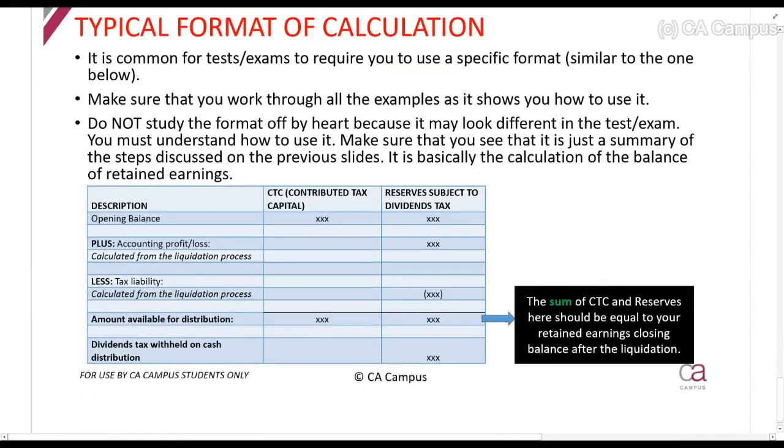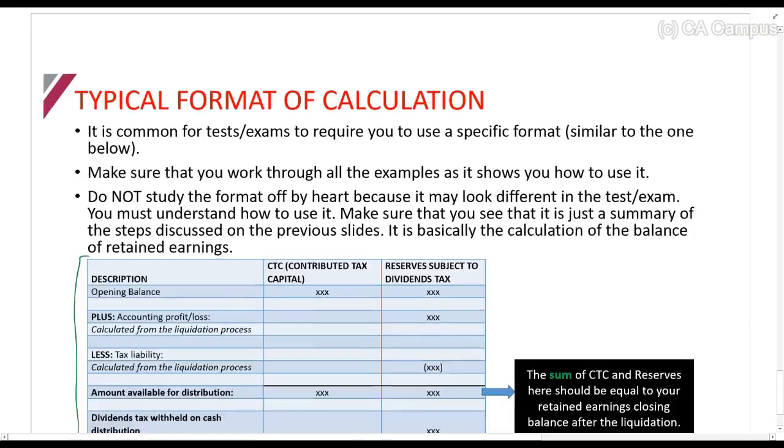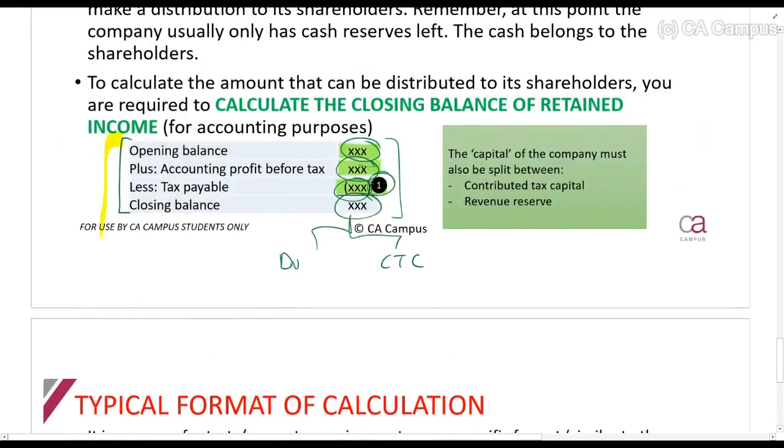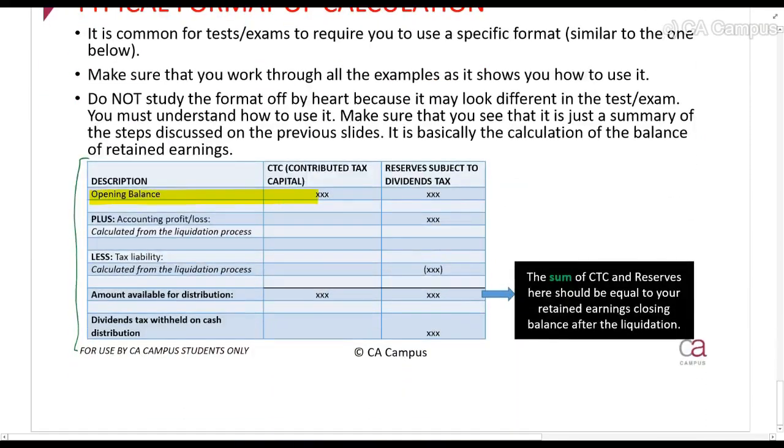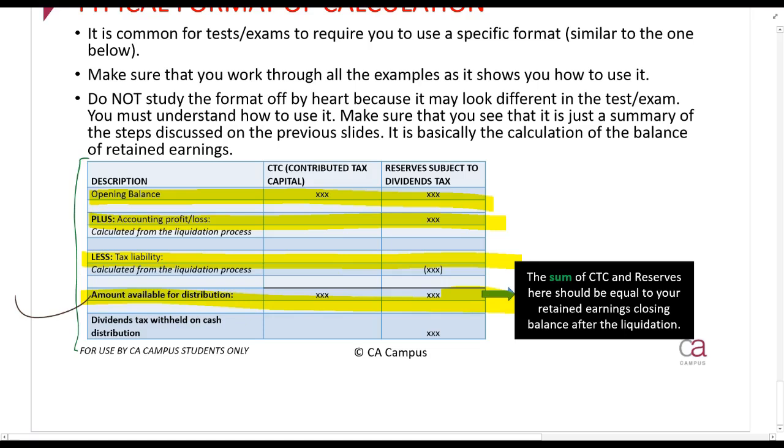Now, they give you this format. They tell you to use this format in an exam. I want you to see what this format is. It's exactly this calculation, which is the calculation of retained earnings. Opening balance plus accounting profit less your tax liability gives you the amount available for distribution, and this amount is actually your closing balance for retained earnings.